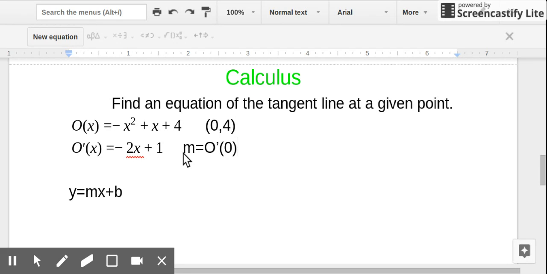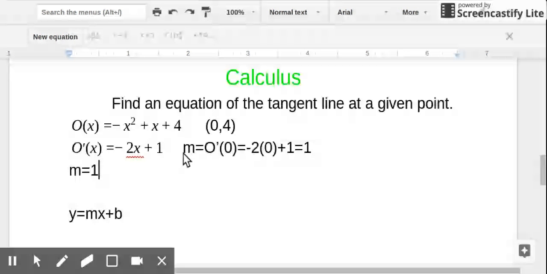Plugging 0 into O prime, that's going to be equal to negative 2 times 0 plus 1, which is actually equal to 1. So we know that our slope is 1. M is equal to 1. We'll just go ahead and rewrite it right here.